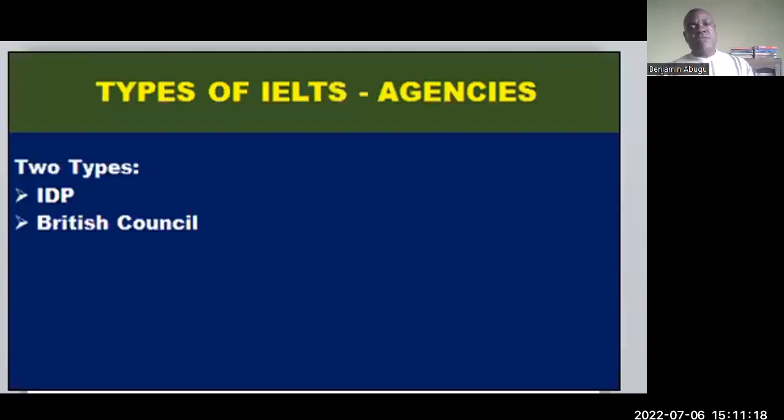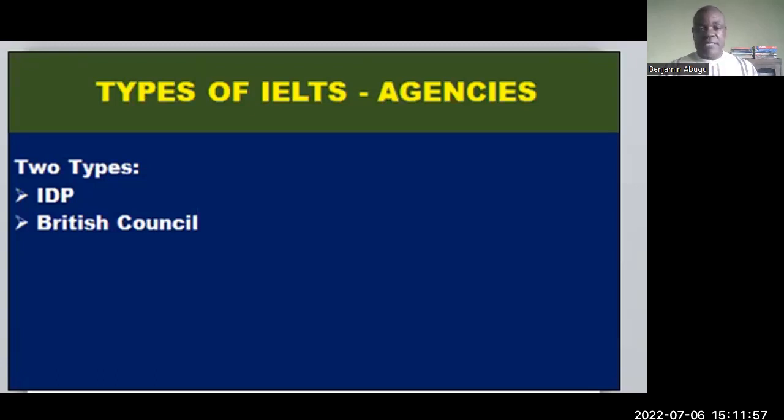And then let's look at types of IELTS in terms of agencies. There are 2 agencies that conduct IELTS exams. IDP and British Council are the agencies that conduct the IELTS test, and you can book your test with any of them. By and large, there is really no major difference between the British Council IELTS and the IDP IELTS, because the exam format and the questions are the same on a particular date of the exam.